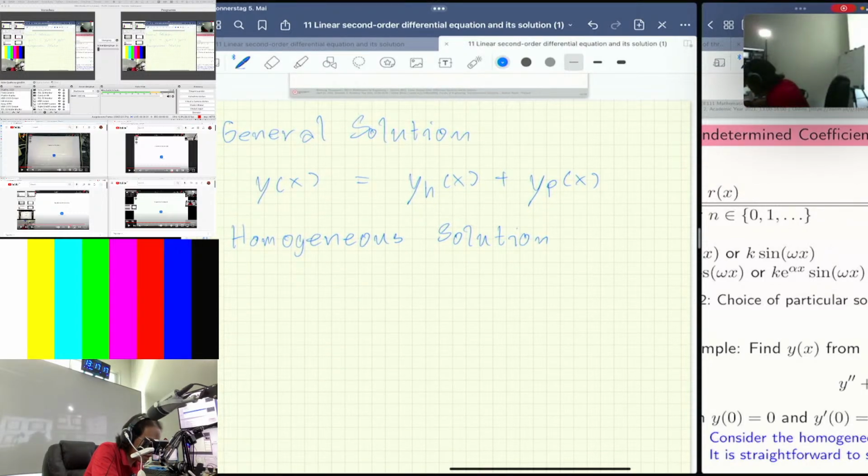Here we need to find YH, X from the homogeneous equation. Homogeneous equation.